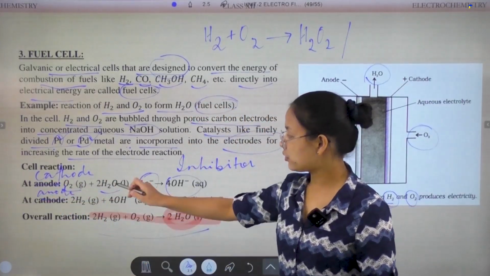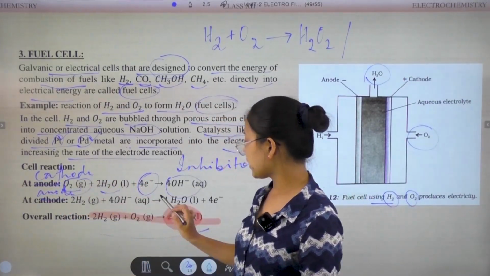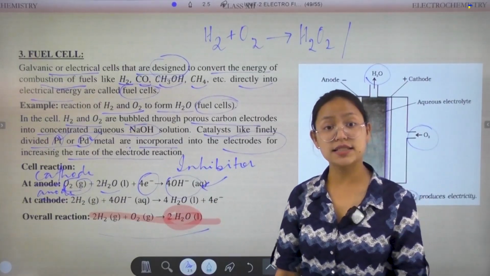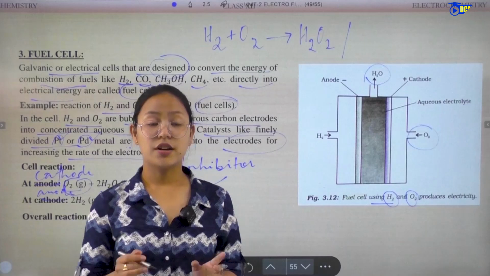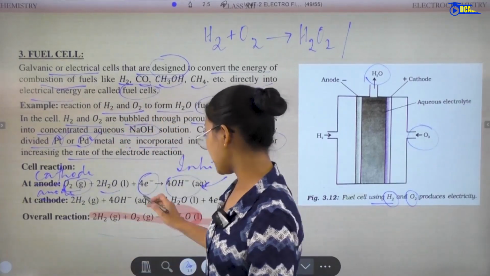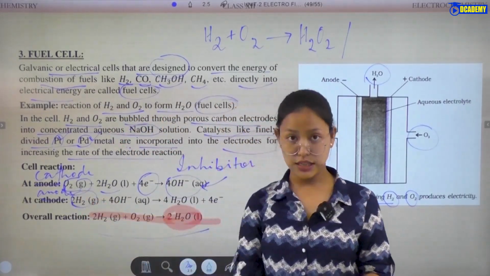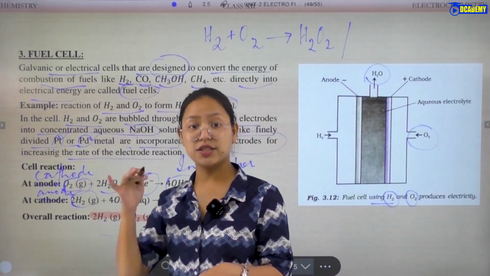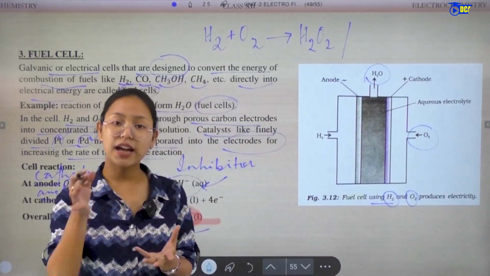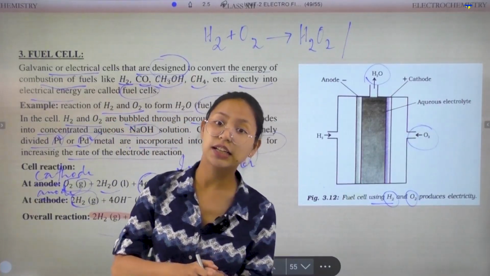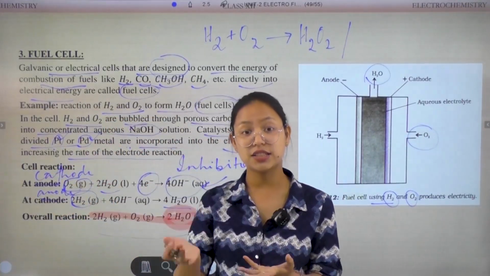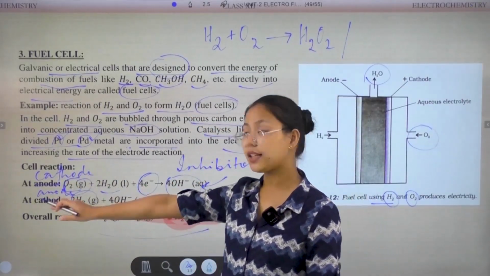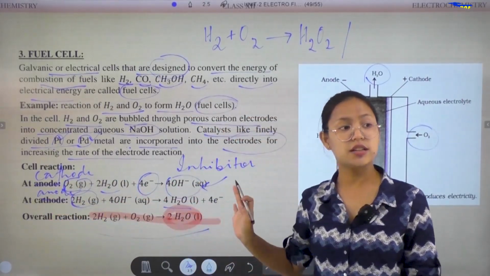At the cathode, the oxygen reaction is a type of reduction reaction. At the anode, the hydrogen reaction is a type of oxidation reaction. So in the cathode there will be the reduction reaction and in the anode there will be the oxidation reaction.